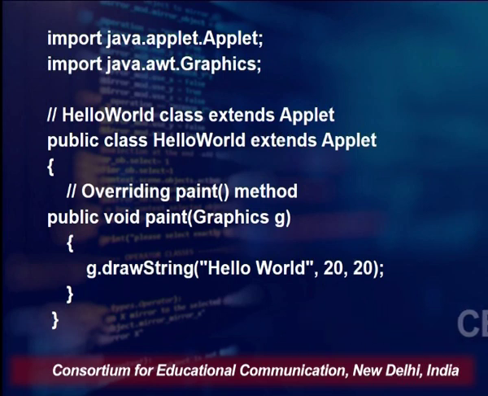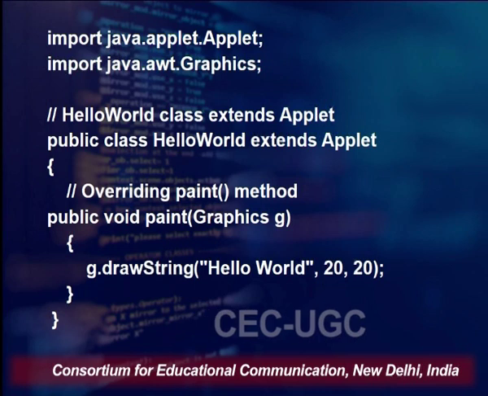So this is the whole structure of this program: we import java.applet.Applet and java.awt.Graphics, and then within a public class which extends Applet, we write our paint method, and within that paint method the graphics context is passed as the parameter.